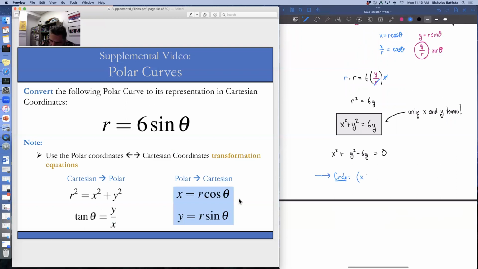We could have x plus or minus some number, say a, quantity squared, plus y plus or minus some number, say b, squared, and that would be equal to the radius of the circle squared. So we can think about that in terms of our circle. What are we looking for here? Well, in this problem, we don't have any a terms since we just have an x squared. So in this particular problem, we can think about a as 0.